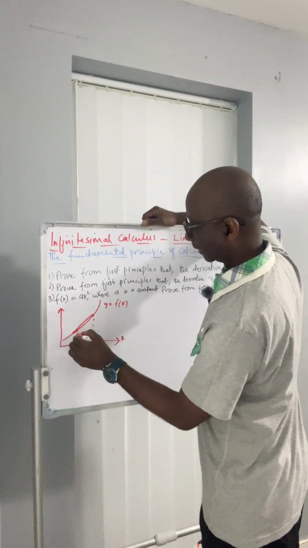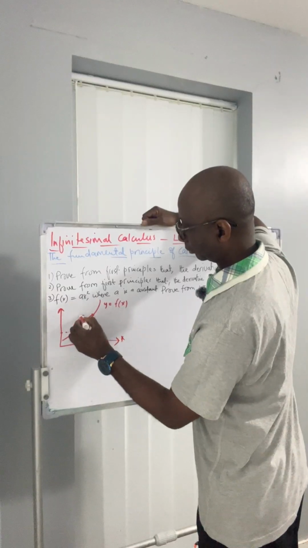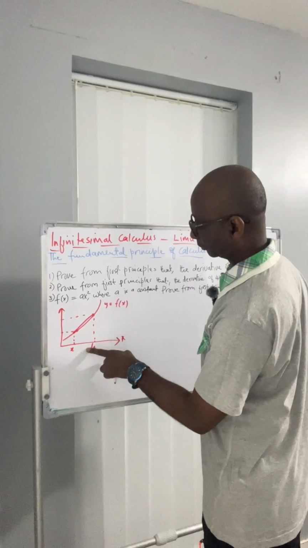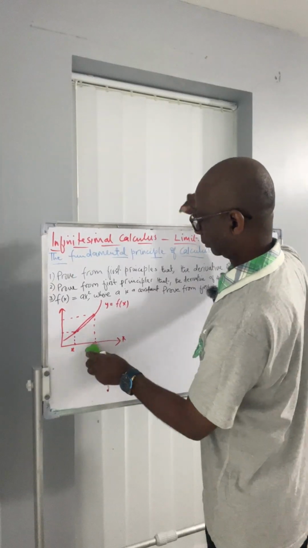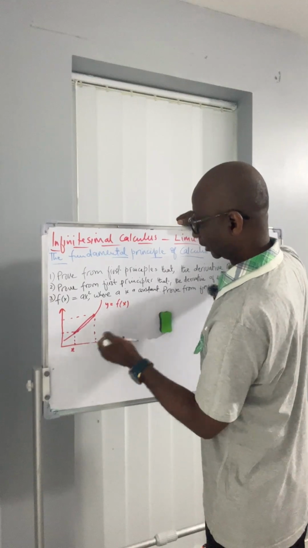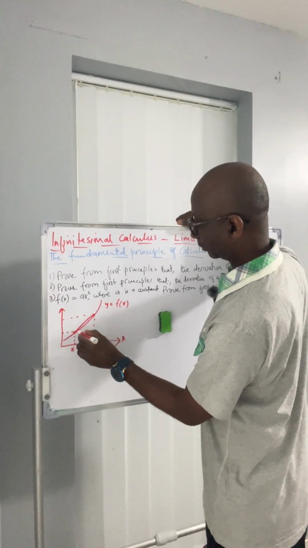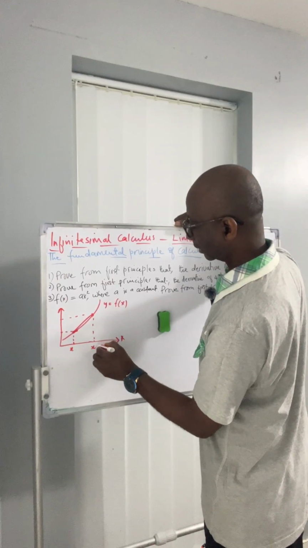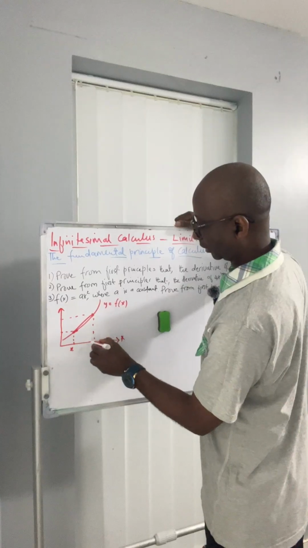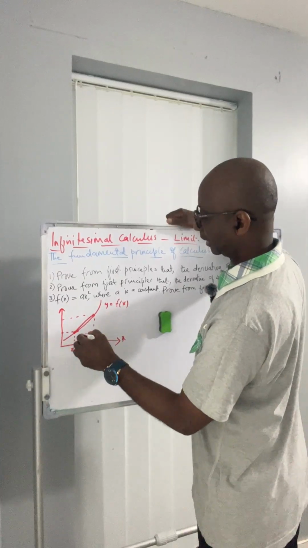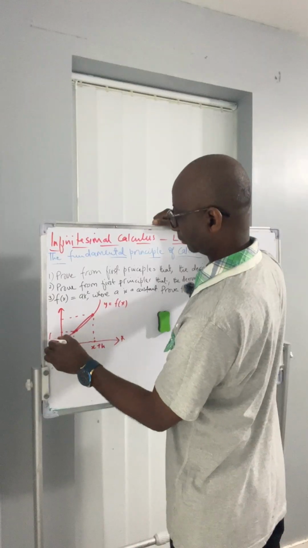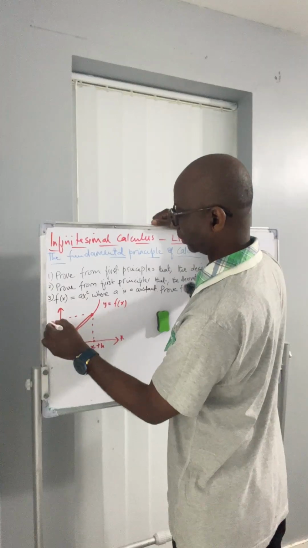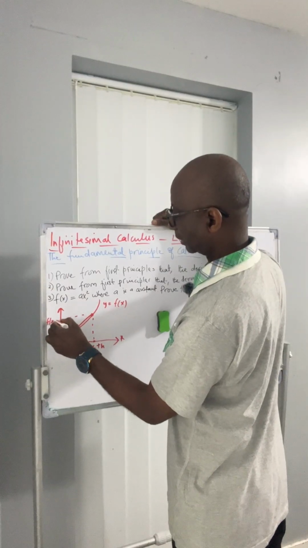This small distance, we'll say is h, so this will be x plus h. Here you have your f of x, which is your y, and this is your f of x plus h.